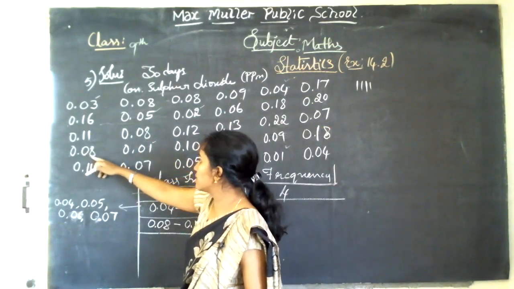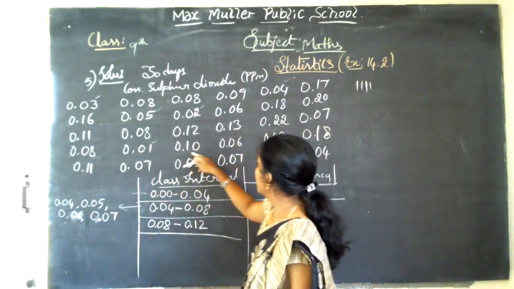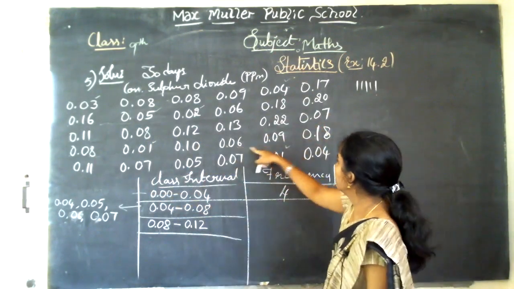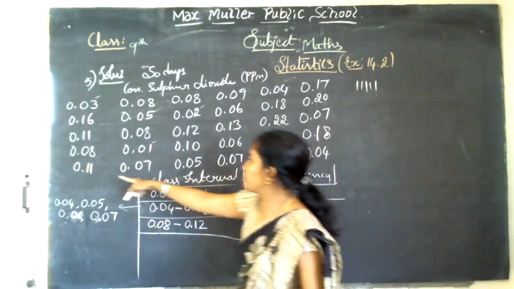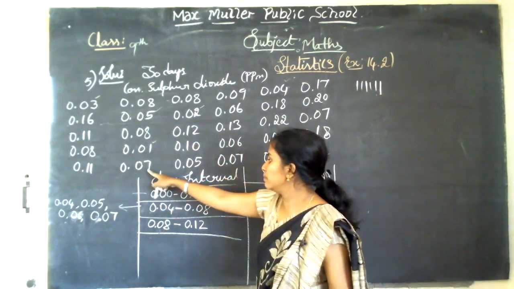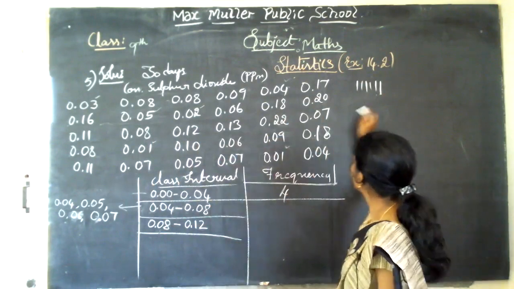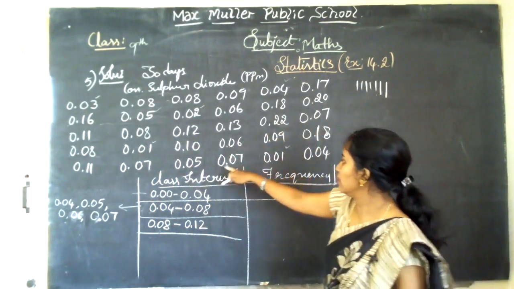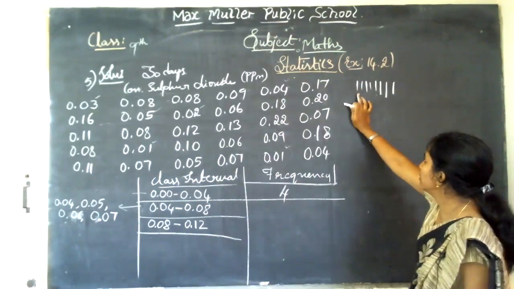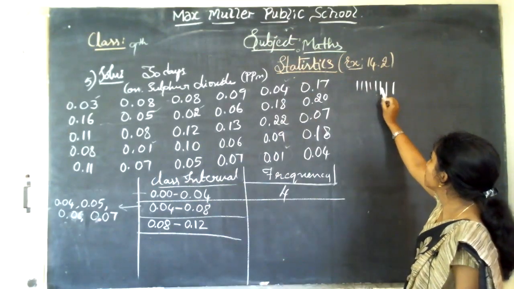Next 0.08, not. 0.06, take it. 0.07, take that. 0.05, take that. 0.07, take that. So how many are written? 1, 2, 3, 4, 5, 6, 7, 8.